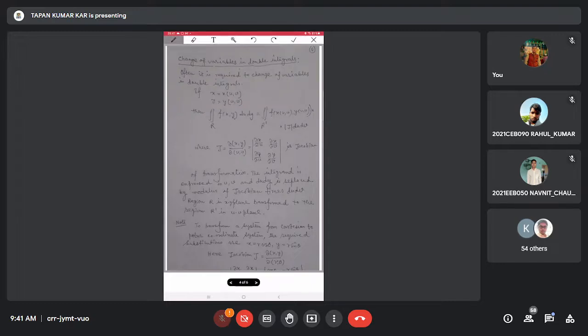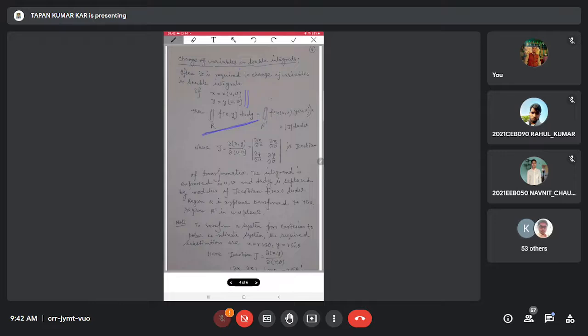Suppose our variables are x, y, and f(x, y). We have to evaluate this. A substitution is given here, x equal to x(u, v), y equal to y(u, v), meaning the new variables are u, v. I will show you some examples also. So after this transformation, this integral will be transformed to another integral.